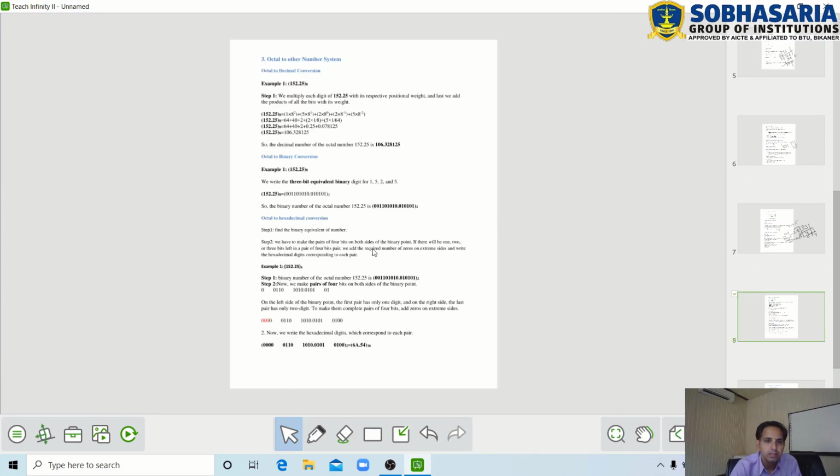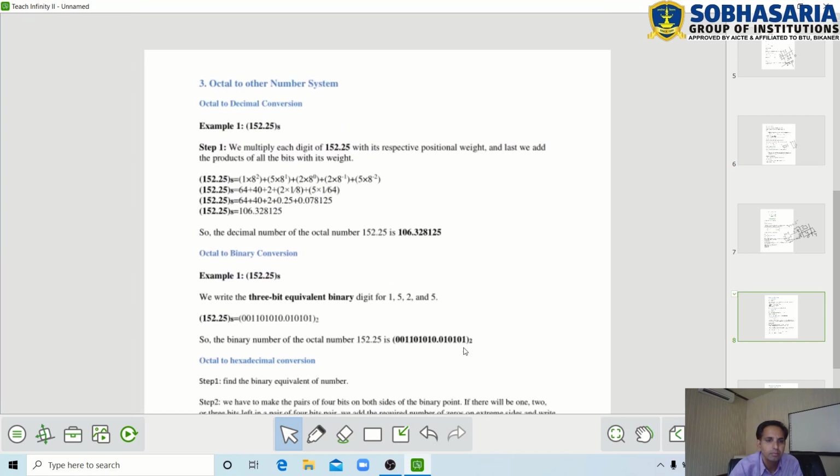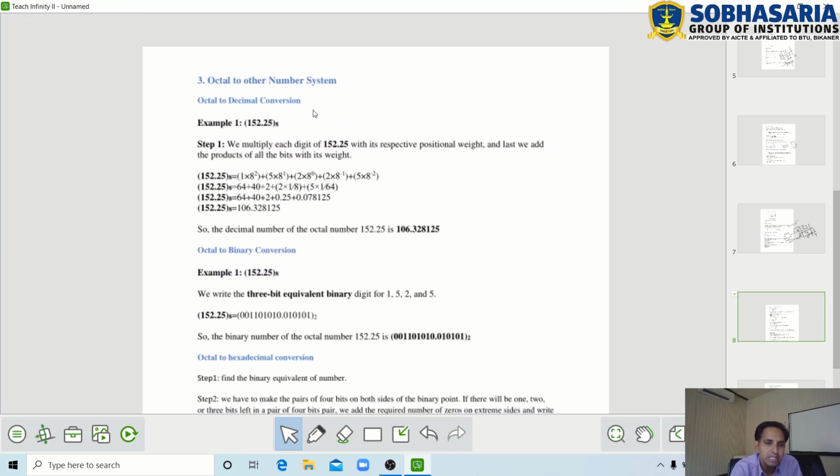Now, we take the third slide, that means octal to other number systems. First, we convert the octal into a decimal number. Similarly to the procedure when we convert binary, we multiply each digit with the weight of base 8. Here there are 3 digits. So 1 is multiplied by 8 to the power n minus 1, where n is the number of digits, 3, so n minus 1 is 2.